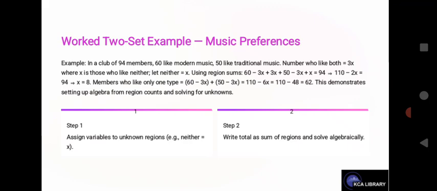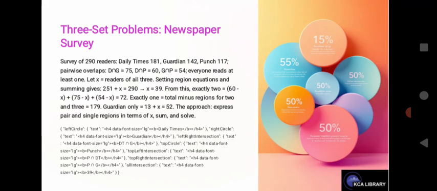I may also ask you to calculate the number that like none. So this will involve setting up algebra from region counts and solving for unknowns. The first step is to assign variables to the unknown regions. Then step 2 is to write the total as a sum of regions and solve algebraically.